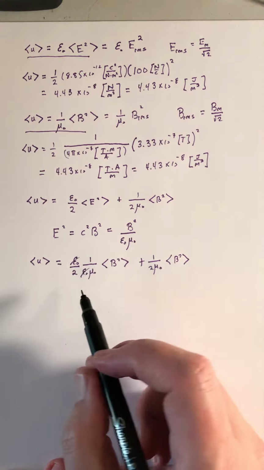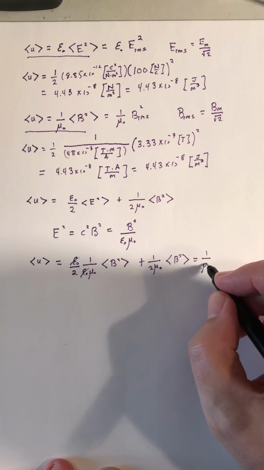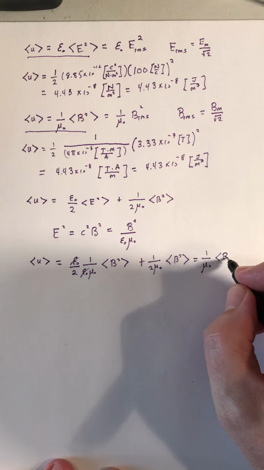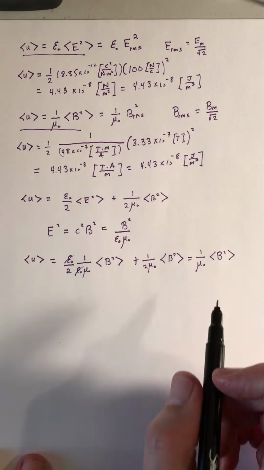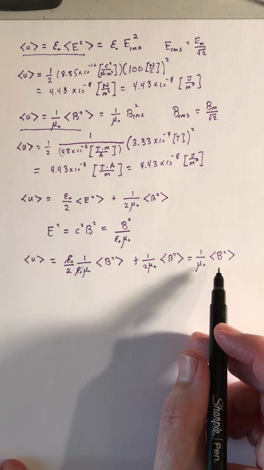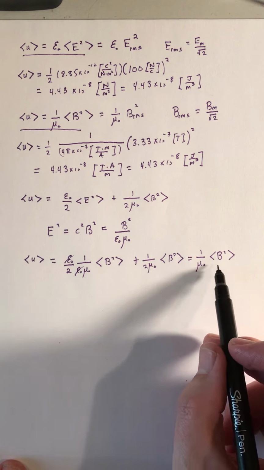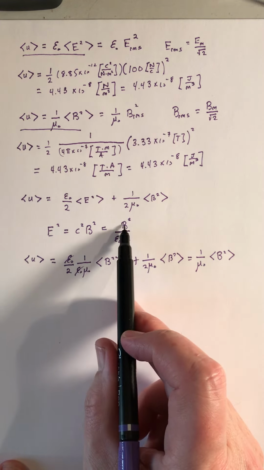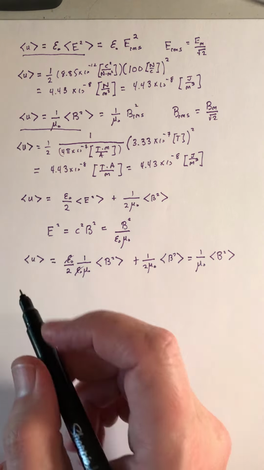Permittivity cancels out, and we get 1 over mu naught, average value of B squared. And then from this form, to substitute in, B squared is going to be epsilon naught mu naught E squared.